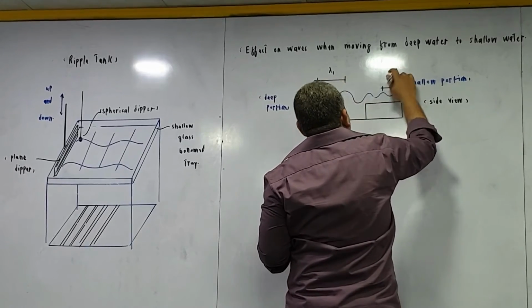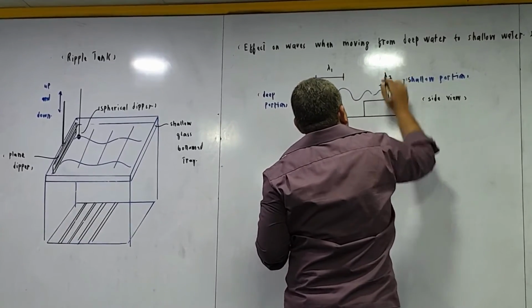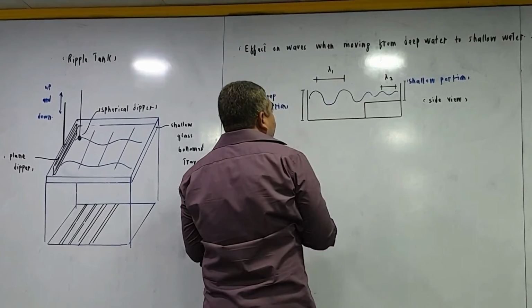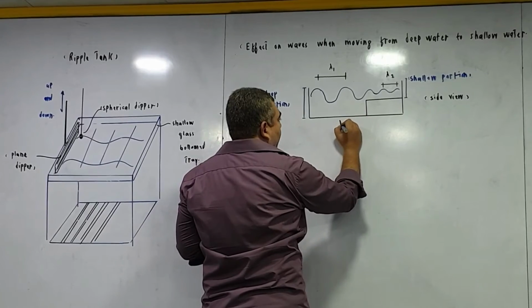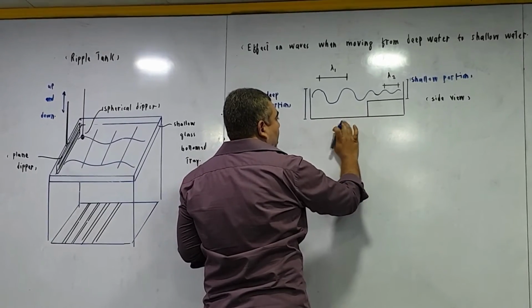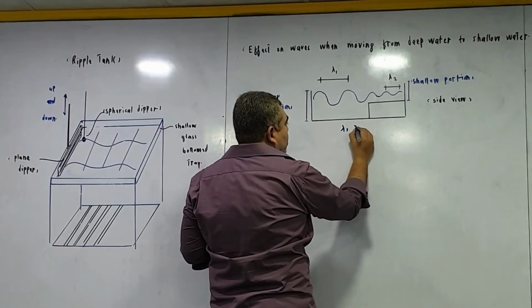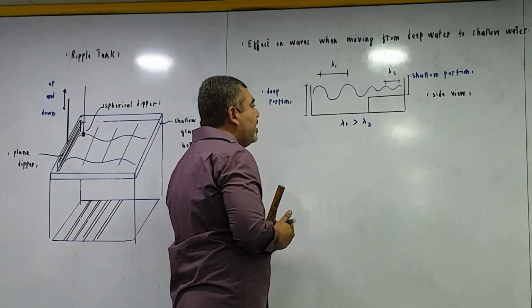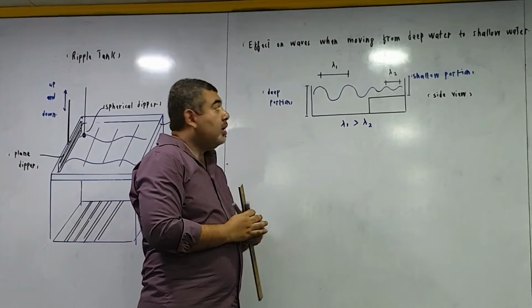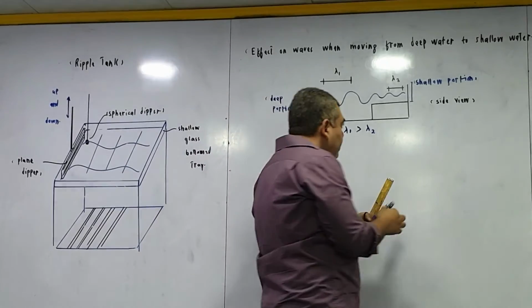And what this diagram is actually telling us is that whenever a wave is traveling from the deep portion to the shallow portion, lambda 1, the wavelength of the wave in the deep portion, is greater than the wavelength of the wave in the shallow portion. यही काम अगर मैं side view के बजाय aerial view करूं from the above.